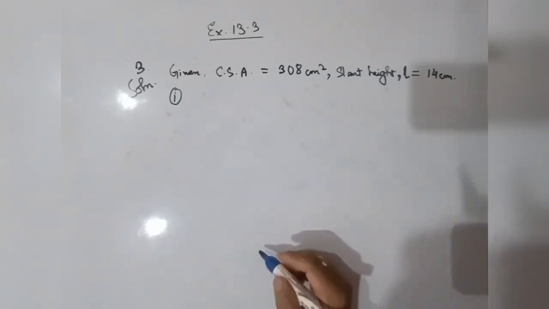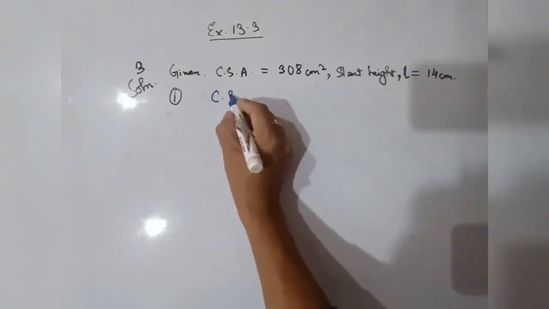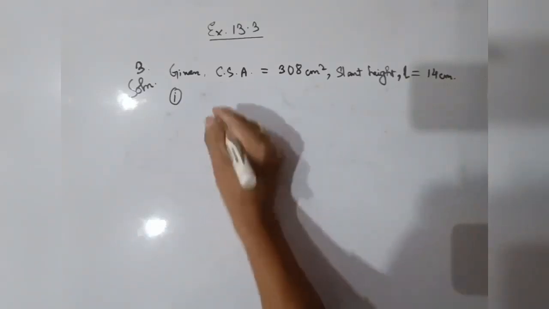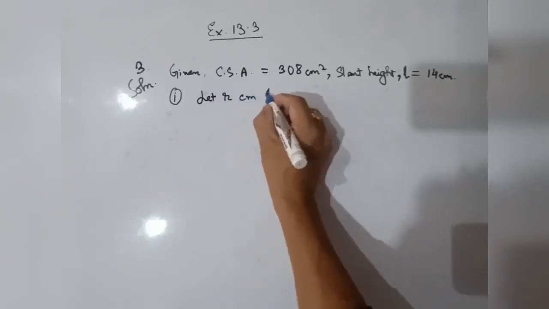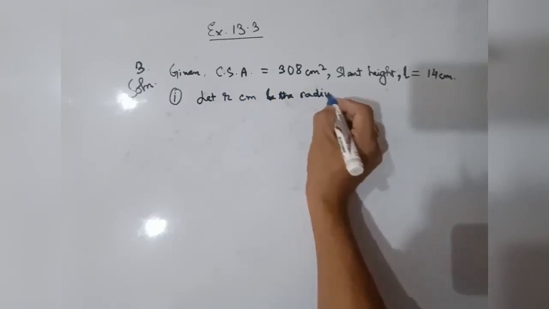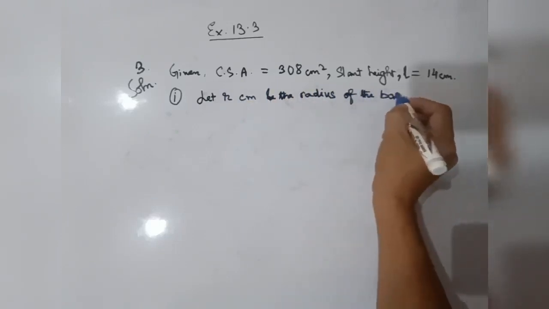So for Roman number 1, let us first write this statement. Let R centimeter be the radius of the base.